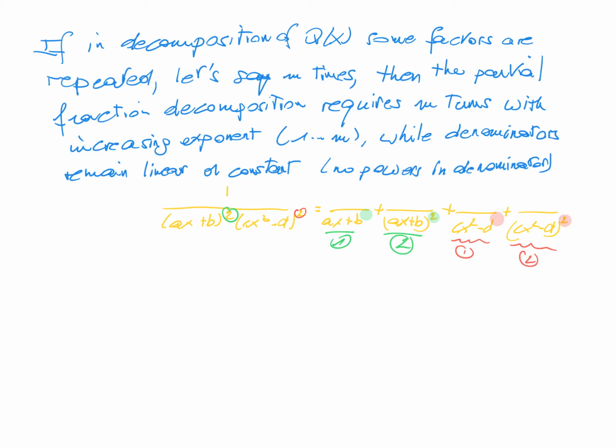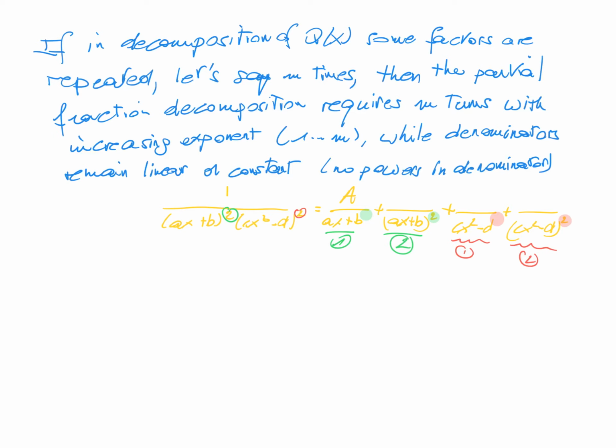Then what are the numerators that we need to use? So we said that the degree of the numerator is always 1 less than the degree of the denominator. For the first term, we have ax plus b, so the degree is 1, which means that the degree of the numerator has to be 0, so we get a constant term here. So it's A divided by ax plus b.